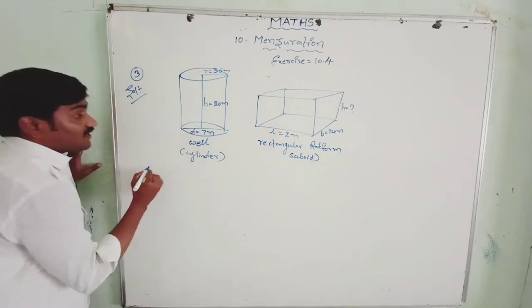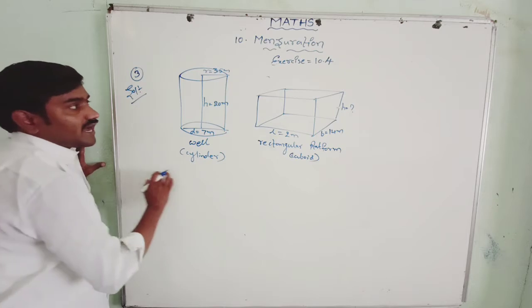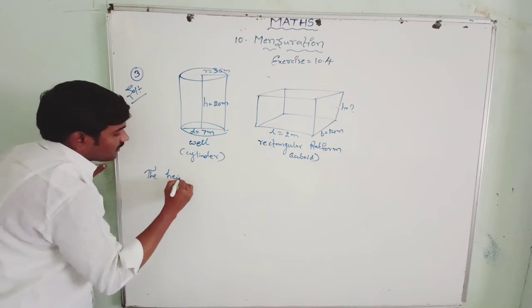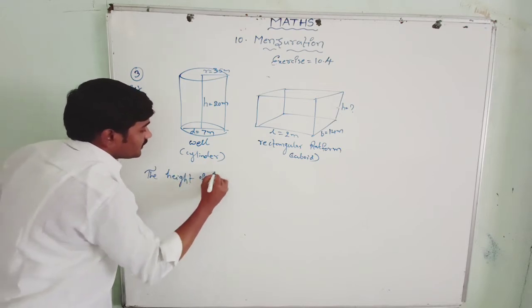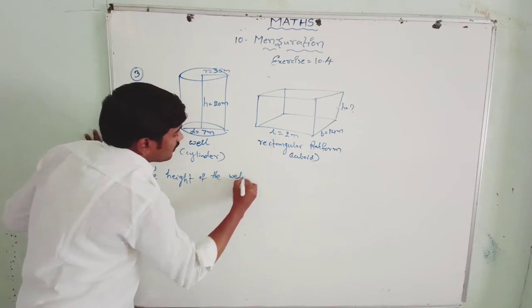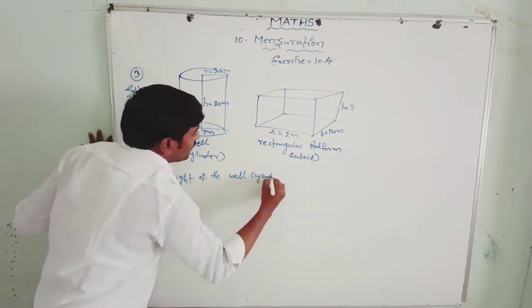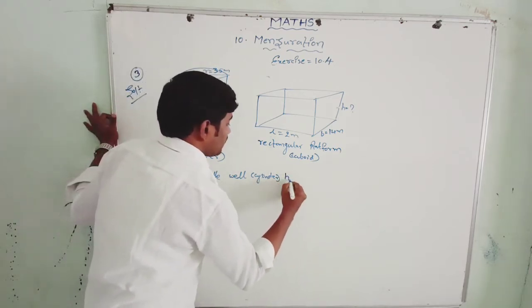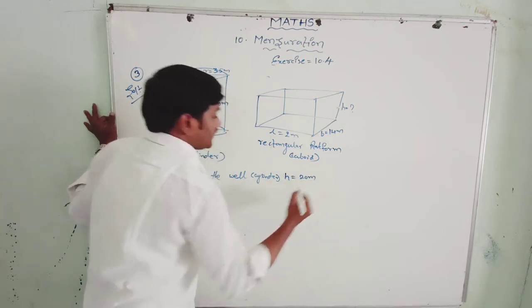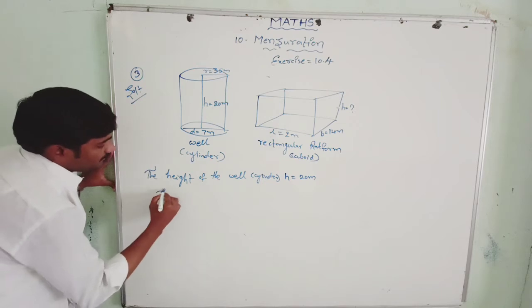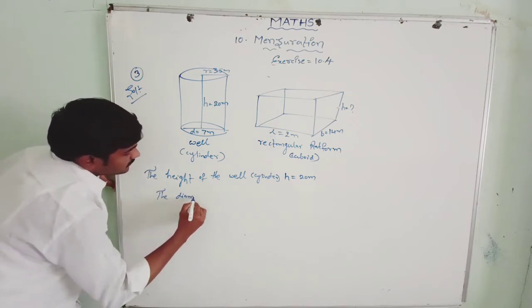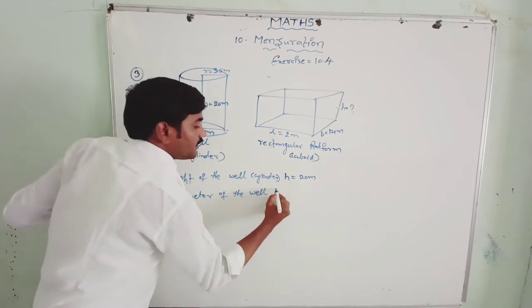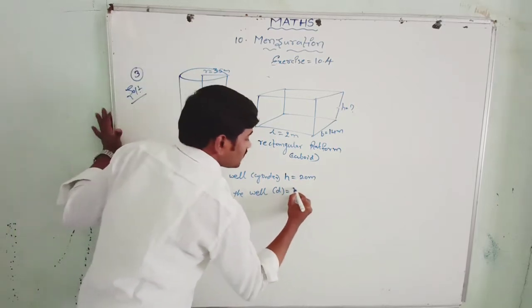Okay. Now let us write what is given here. The height of the well or a cylinder, that is h, is 20 meters, and the diameter of the well, d, is 7 meters.